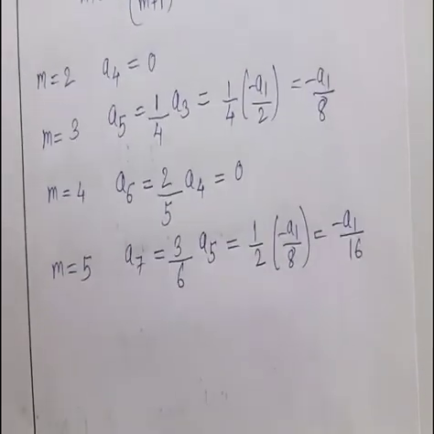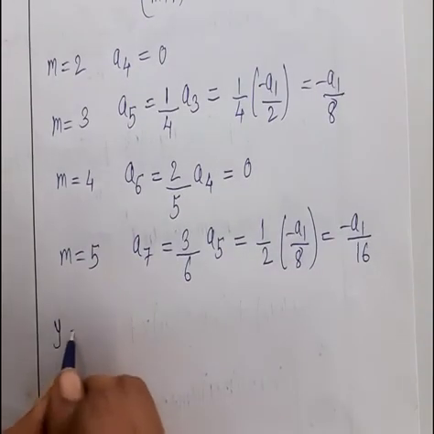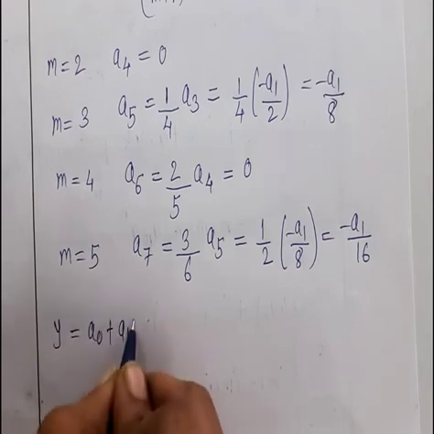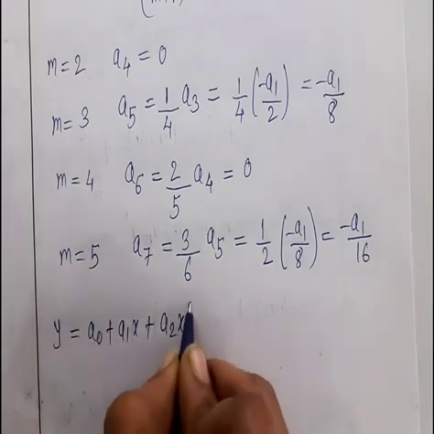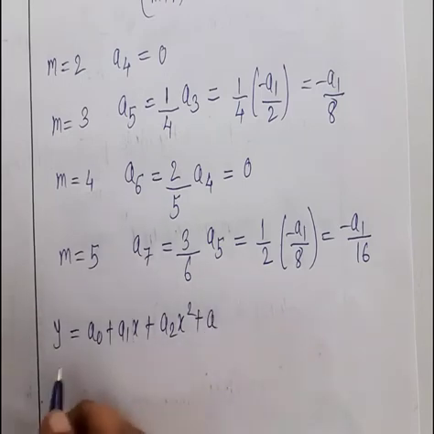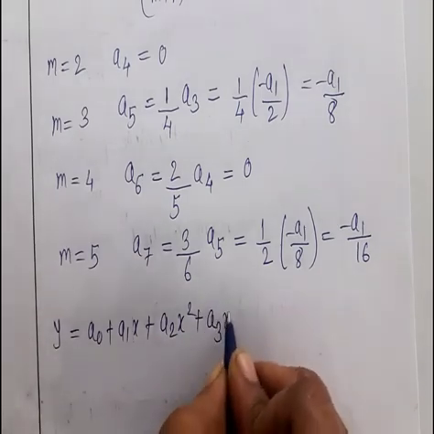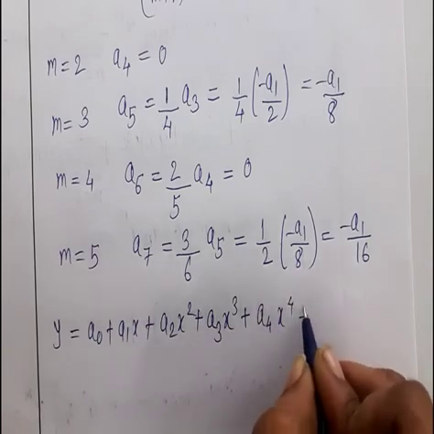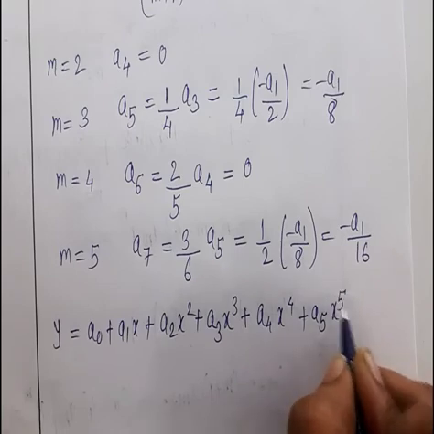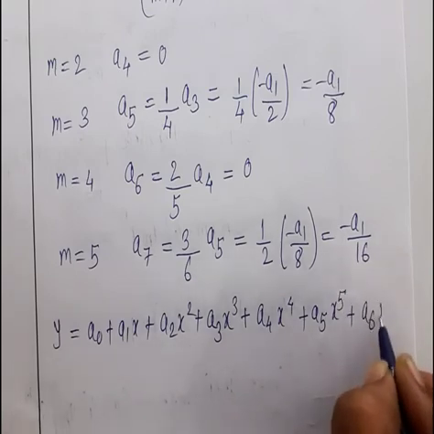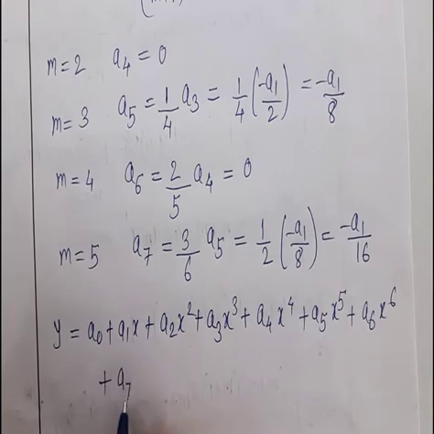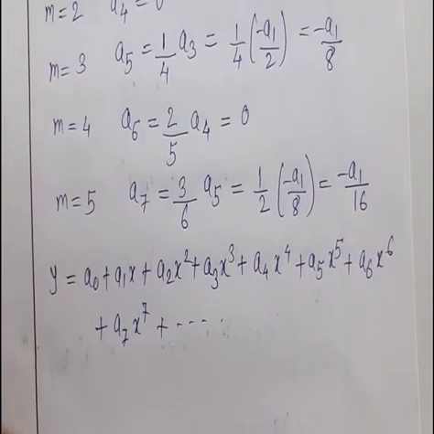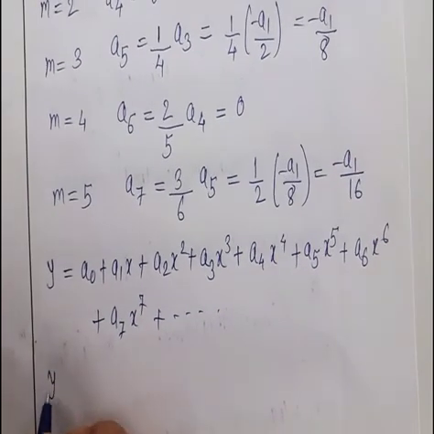Now substituting in the power series, y is equal to a0 plus a1x plus a2x square plus a3x cube plus a4x to the power 4 plus a5x to the power 5 plus a6x to the power 6 plus a7x to the power 7 and so on. You can write maximum up to 5 powers. So y is equal to a0 plus a1x as it is.